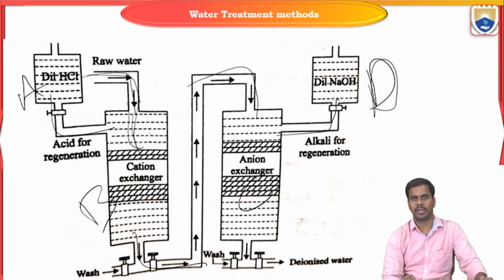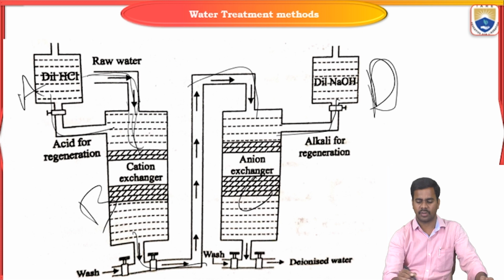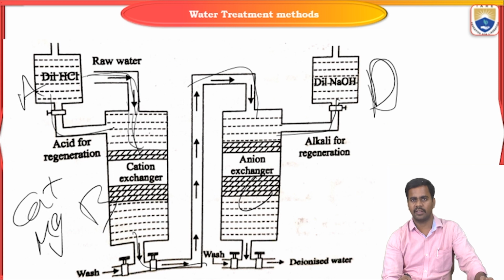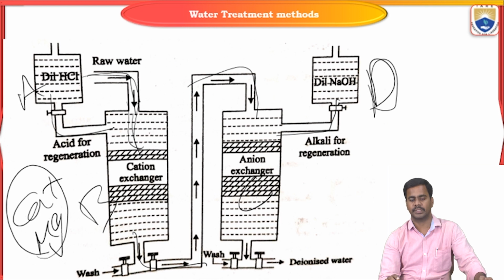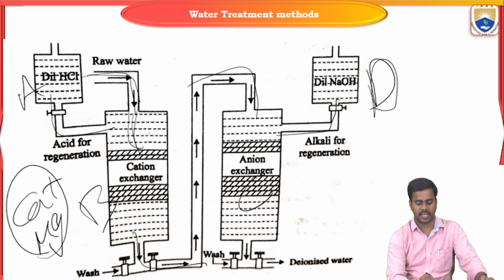So what type of cations are present in the hard water? Calcium and magnesium. So while water percolates through the cationic exchange resin, these cations are replaced by the cationic exchanger. Let us see how it will be replaced.